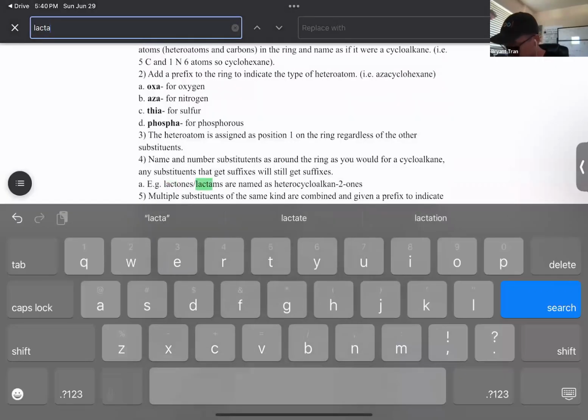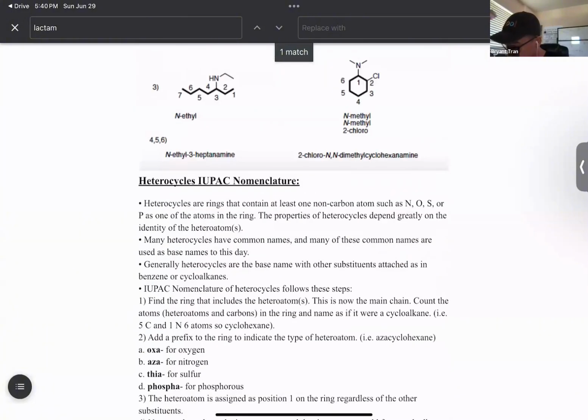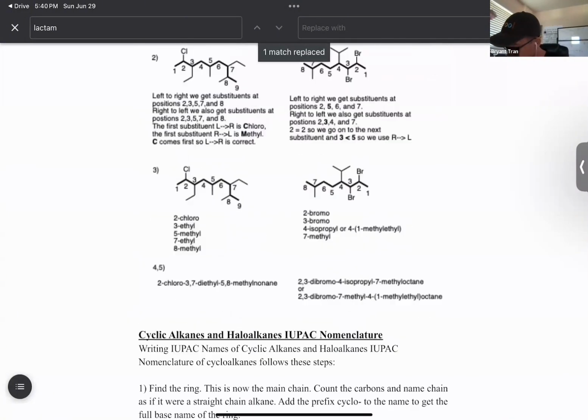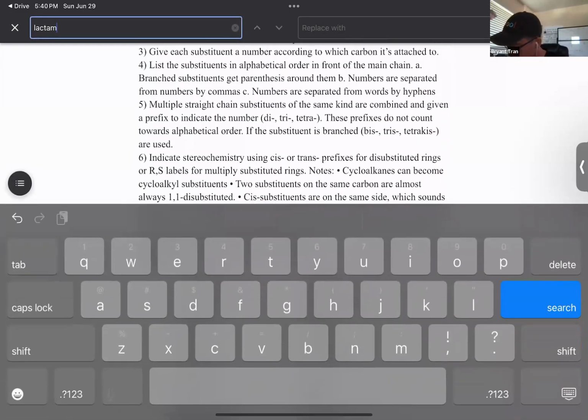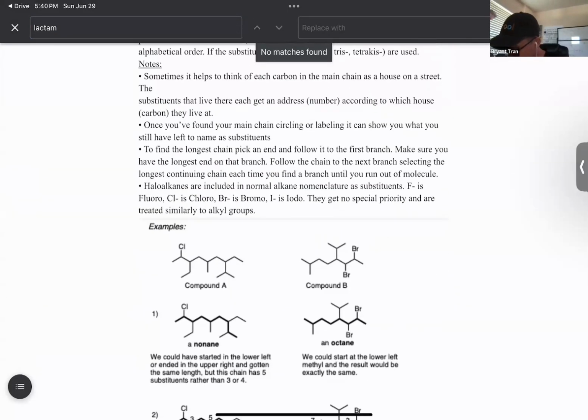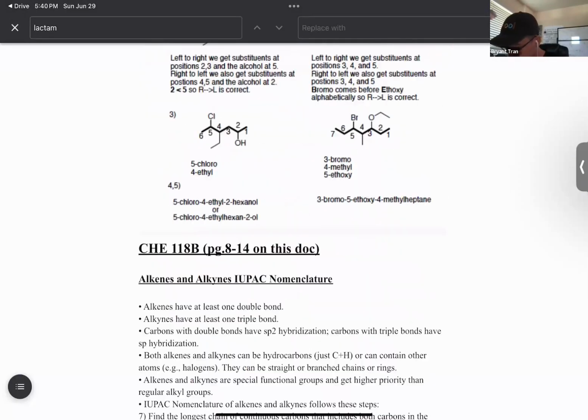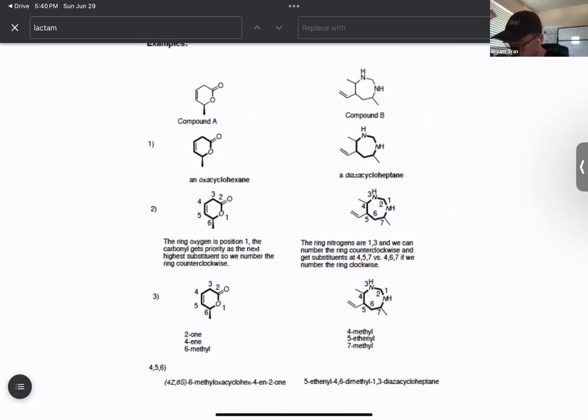Let's do lactam. Search. So this is the nomenclature for this, 118C, lactam.